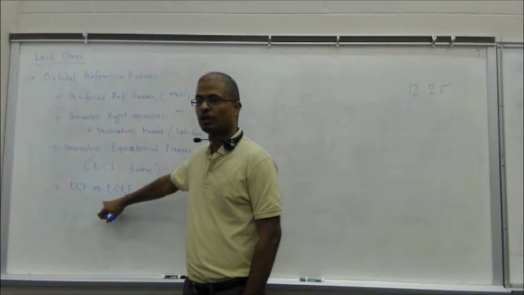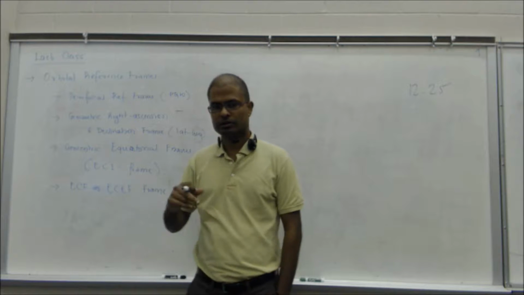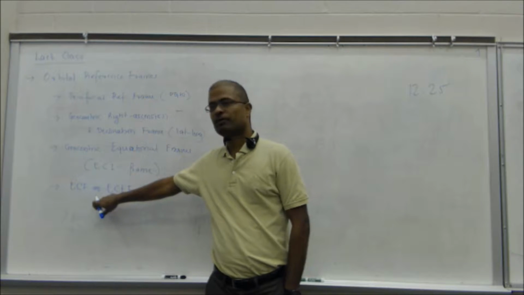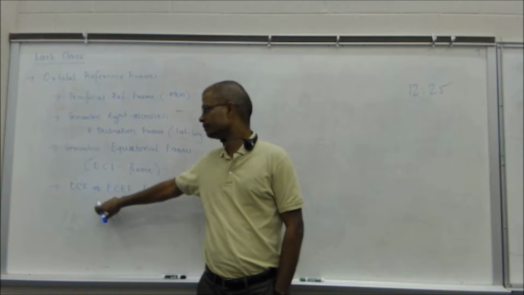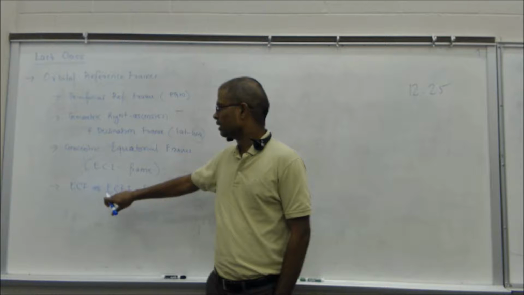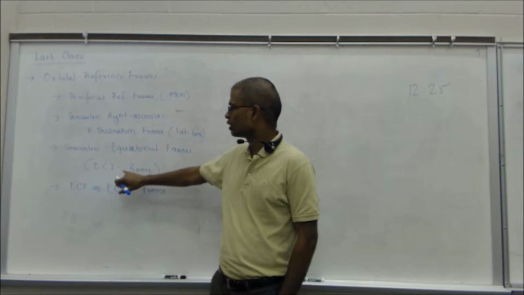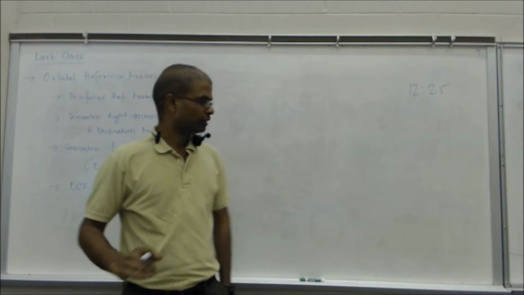It's easy to imagine through this frame, because you're rotating along with Earth, so this frame is constant, so you can define everything, and given a particular time and date, you will know the conversion between this frame and this frame. Okay.